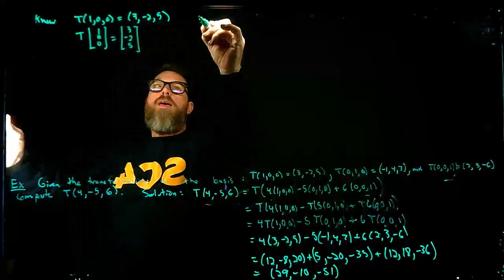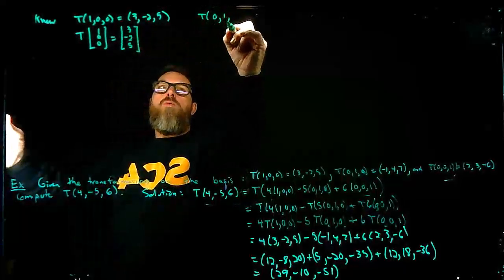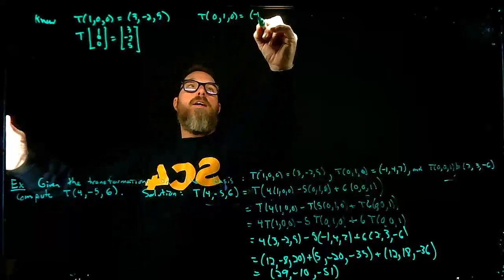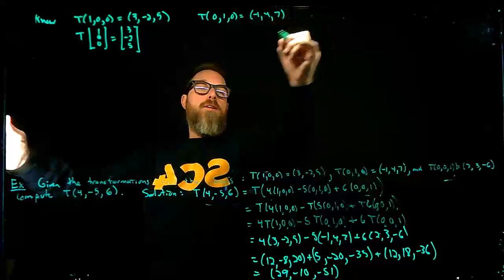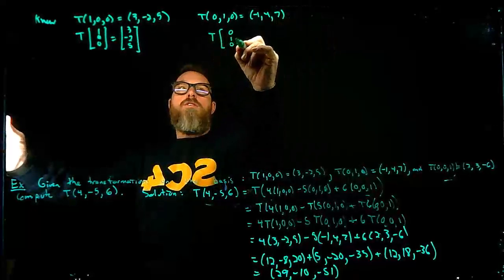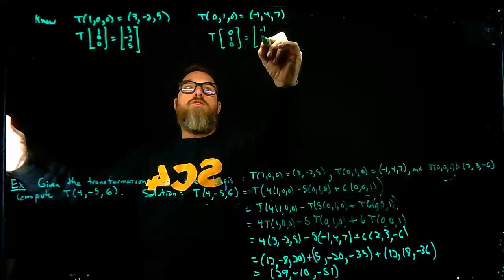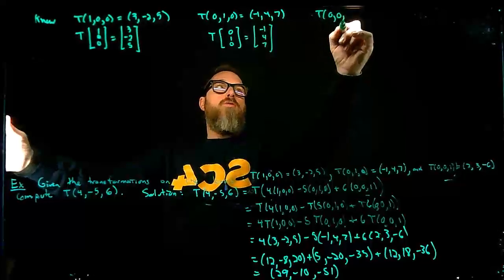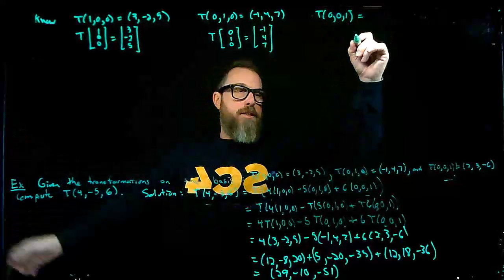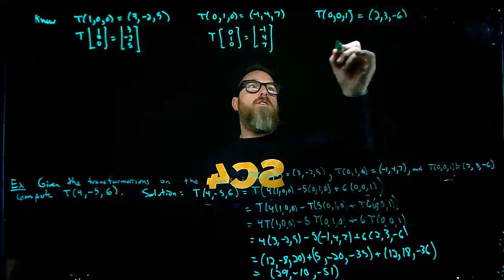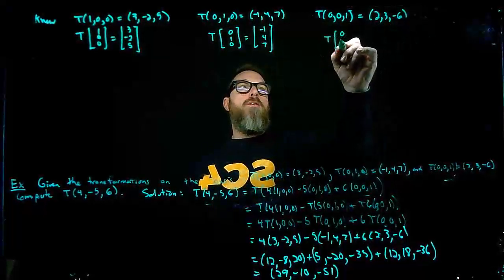Now similarly, we had the transformation on 0, 1, 0, and we know that that is equal to negative 1, 4, 7. And let's write that vertically as well. So T of 0, 1, 0 is equal to minus 1, 4, 7. And then lastly, the transformation on 0, 0, 1 is equal to 2, 3, minus 6. So I can say that vertically as well.